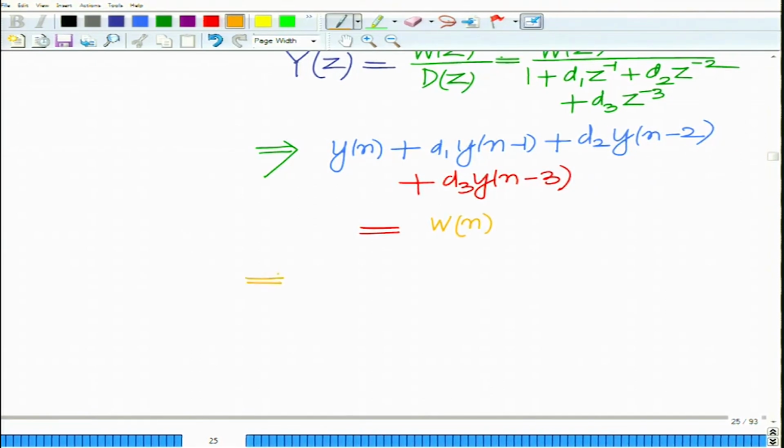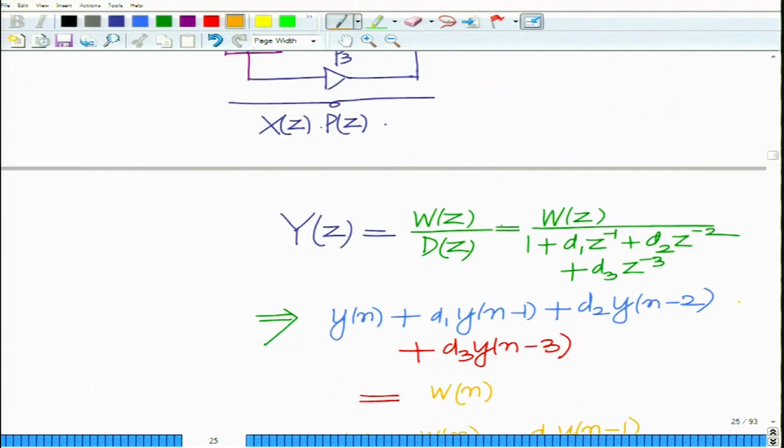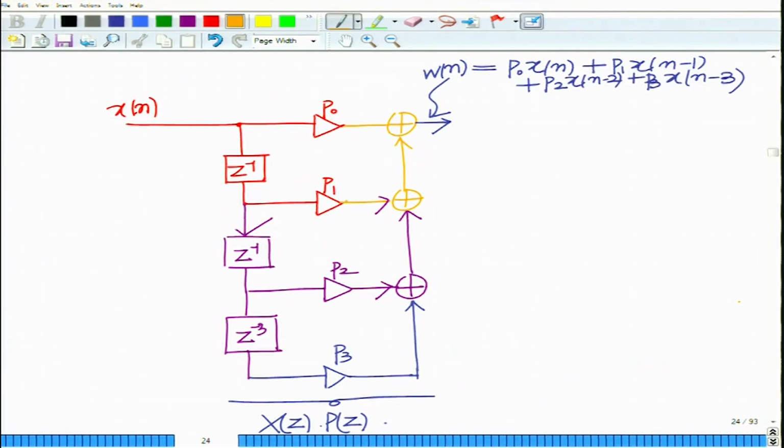Now, this can also be written as y[n] equals w[n] minus d1 y[n minus 1] minus d2 y[n minus 2] minus d3 y[n minus 3]. And now, therefore, I can write this thing over here as follows.